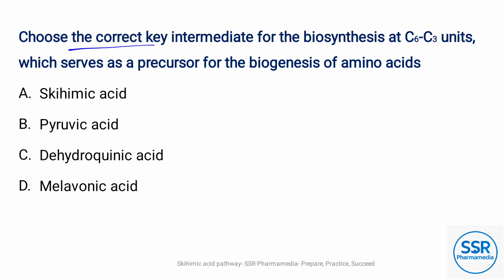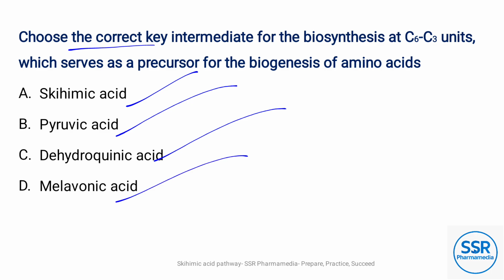Choose the correct key intermediate for the biosynthesis of C6C3 units, which serves as a precursor for the biogenesis of amino acids. Option A, shikimic acid. Option B, pyruvic acid. Option C, mevalonic acid. Option D, dehydroquinic acid. So the answer is option A, shikimic acid.